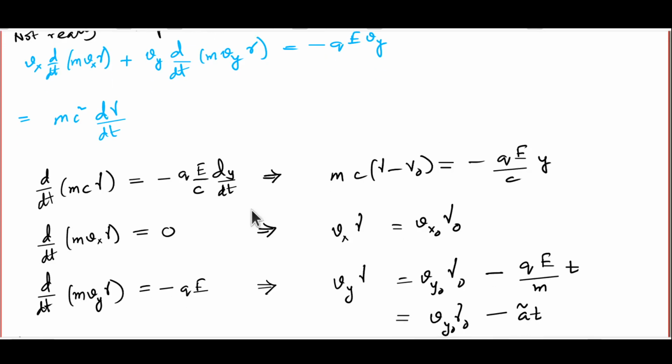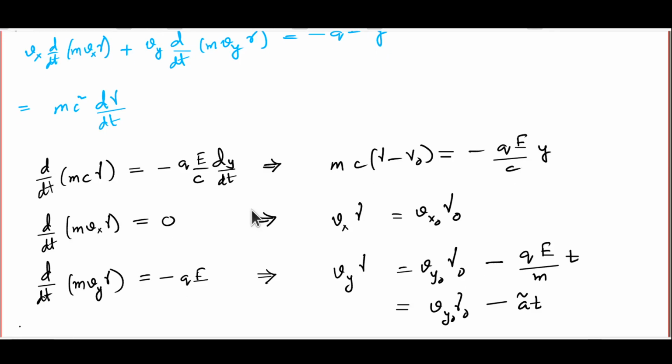Very similarly, integrating the y component equation simply gives rise to v_yγ is v_y0γ0 minus qE by m into t. Note that qE by m is what would classically have been the acceleration of the particle under these forces. So that is what I am writing as A tilde. So we end up with three equations, one relating the change in energy with y, the other two essentially giving us v_x and v_y as functions of time.